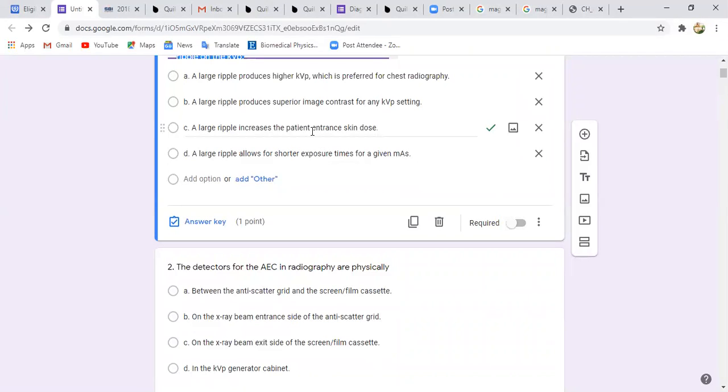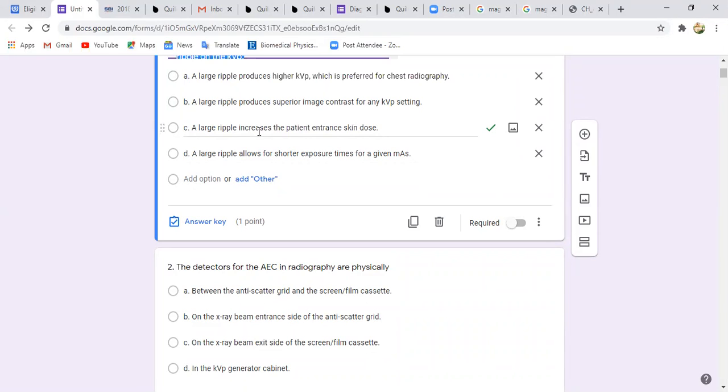Because the smaller doses contribute nothing in terms of image contrast. The presence of ripple has to do with fluctuations. If you are operating at maybe 70 kVp, you can have ranges of kVp maybe from 30, 40, 31, and so on.